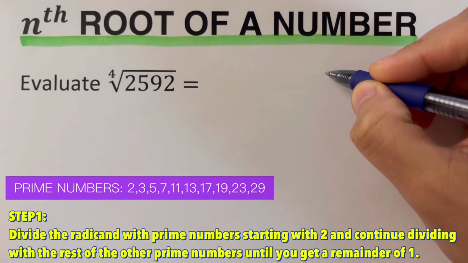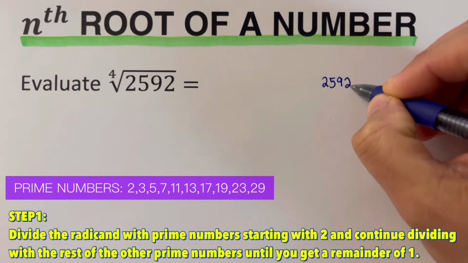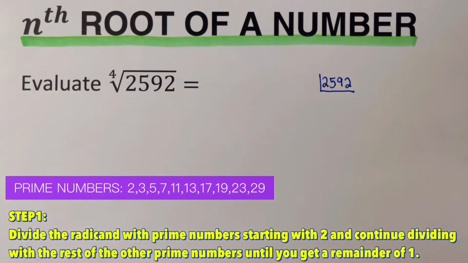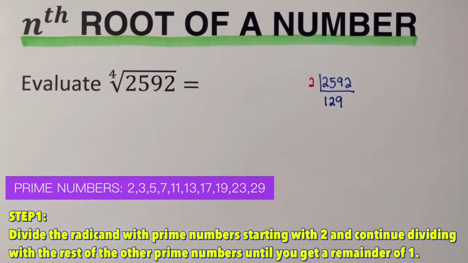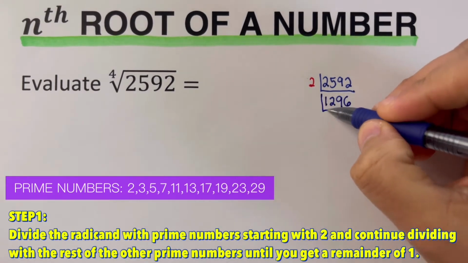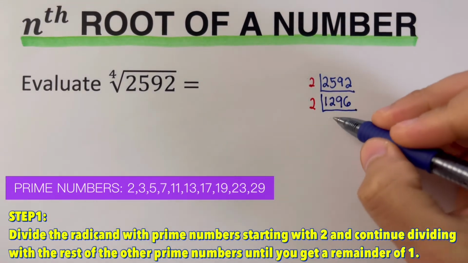So we have here 2,592, and then I'm going to divide that by 2. So this would come out 1,296. And then I will continue to divide that by 2. And so this would come out 648.